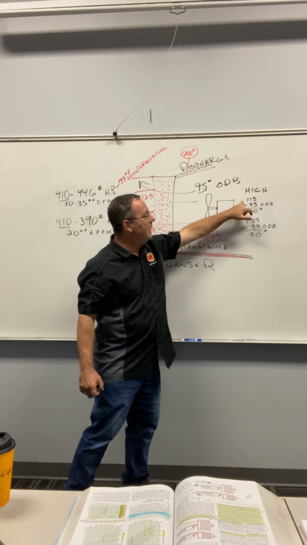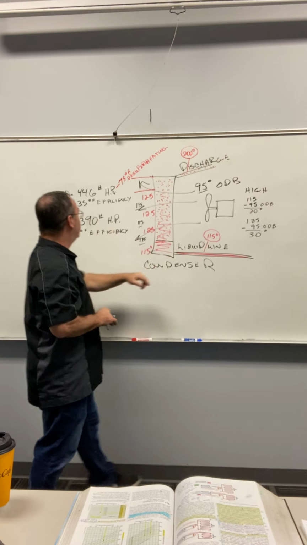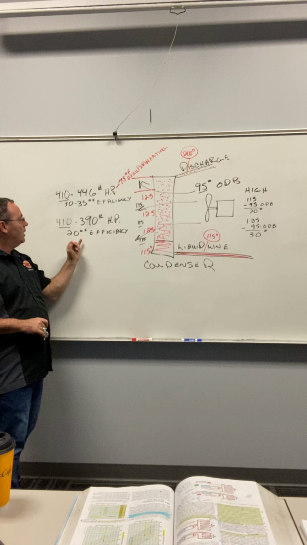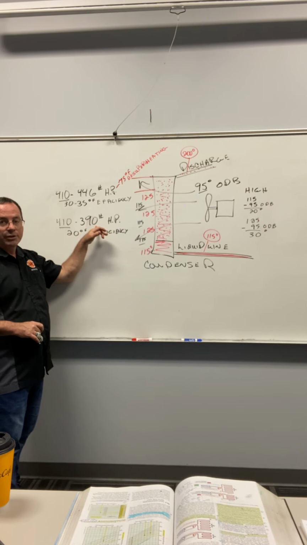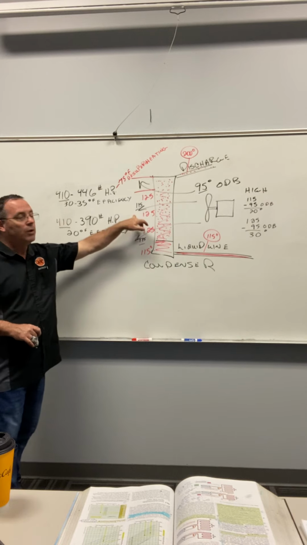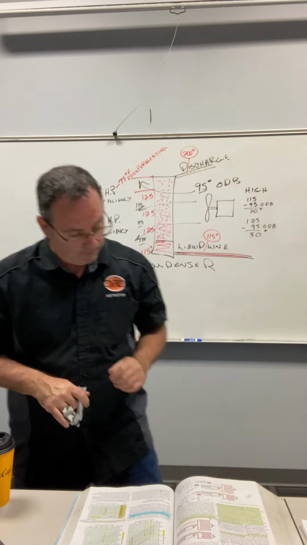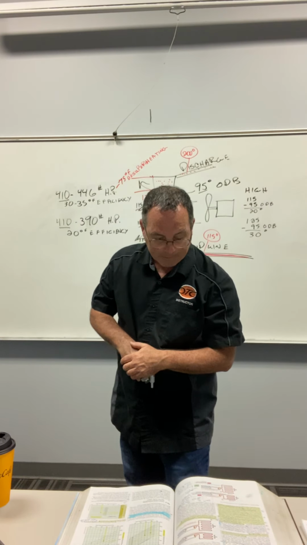At 115, what's my head pressure for 410A? Go look it up on your PT chart. It's 390. So with higher efficiency, you're going to have lower head pressure and a lower condensing temperature. That's how that works. And that's all written out on page 1222 right there for you.